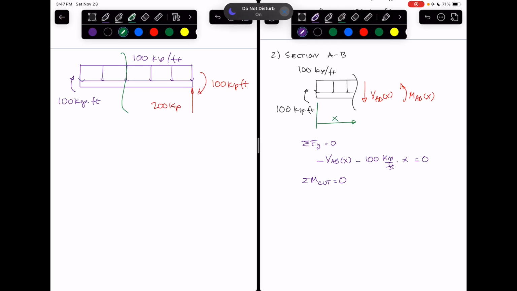Okay, now we can calculate the internal bending moment, and we have M_AB as a function of x.